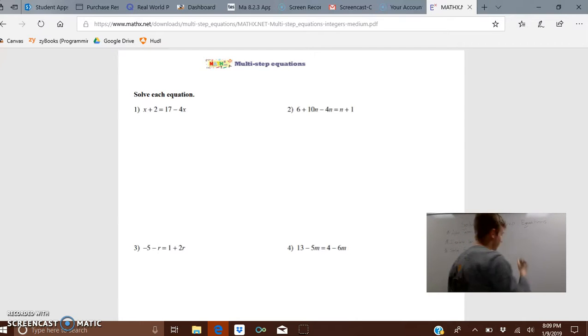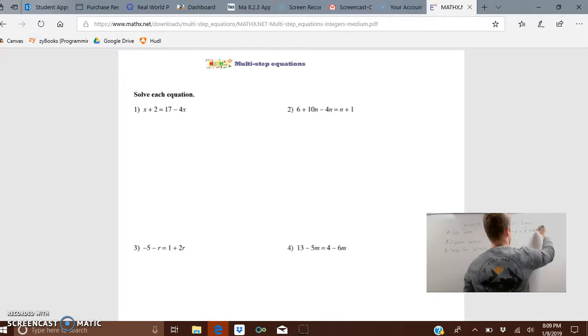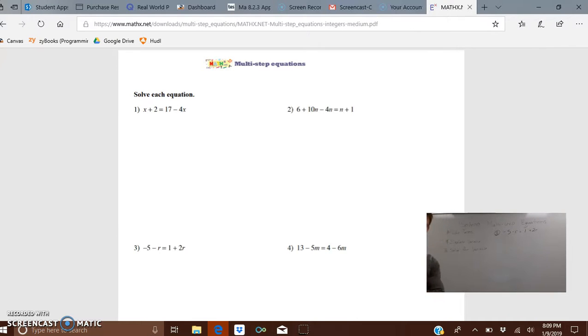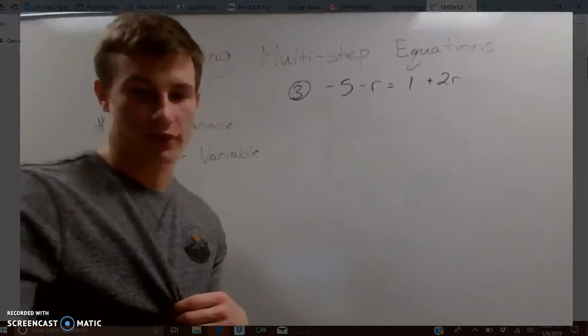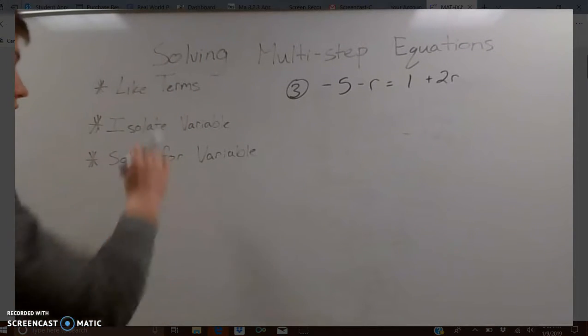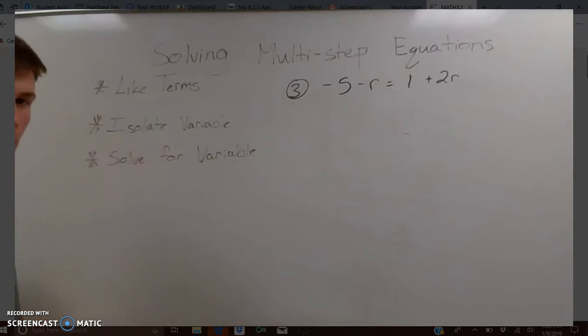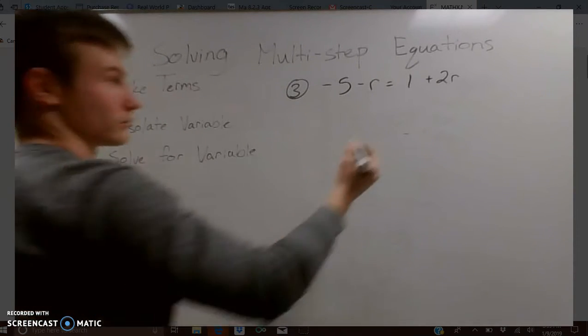Number 3, we have negative 5 minus r equals 1 plus 2r. Like I said before, like terms, we're going to get our like terms on the same side.